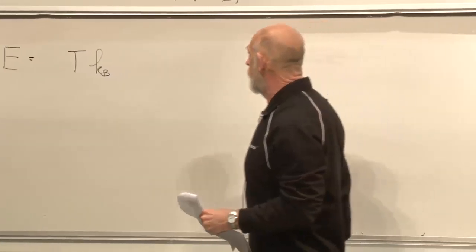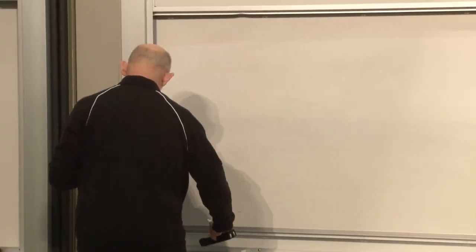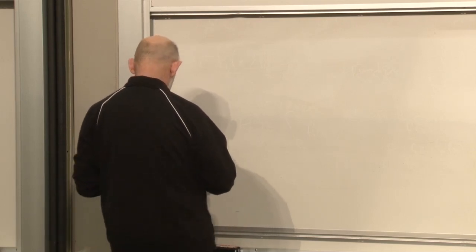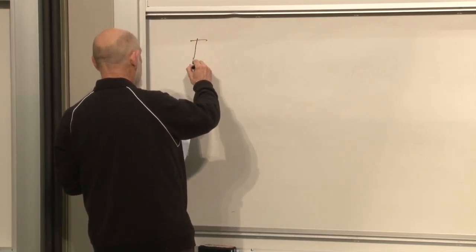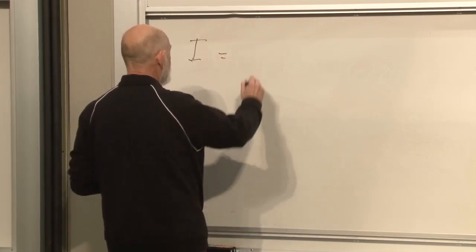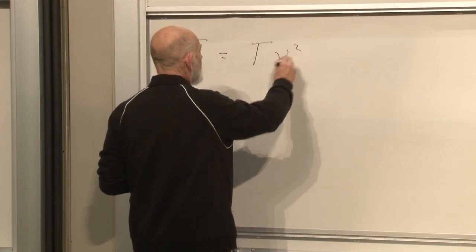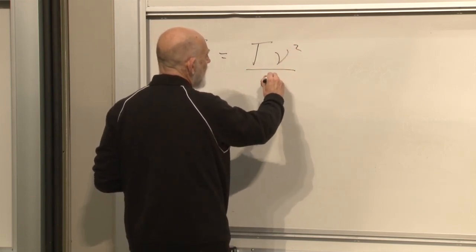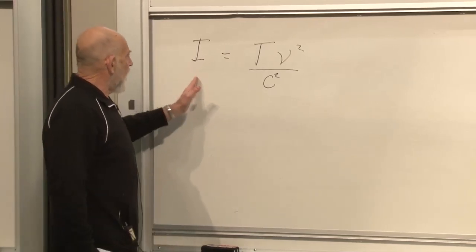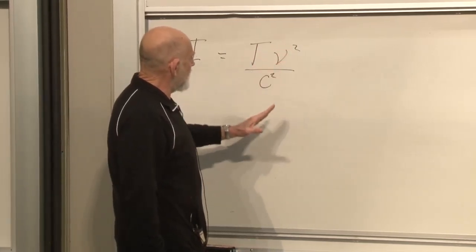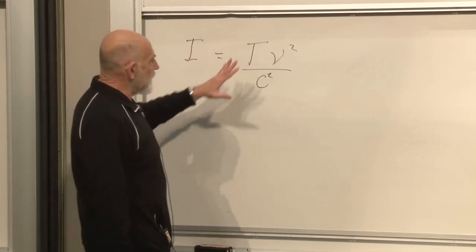I'll tell you what the general formula has to be. It's of the form I equals temperature times frequency squared over the speed of light squared. That's the only thing we have: the temperature, the frequency, and the speed of light. And this is the only formula which has the right units.